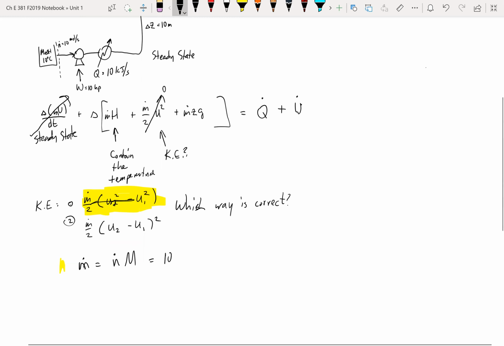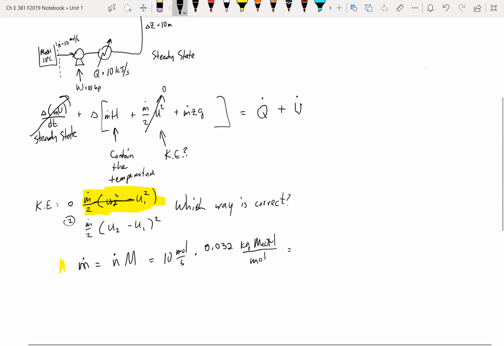And so that was 10 moles per second, and methanol is 32 grams per mole, so 32 kilograms per kilomole.